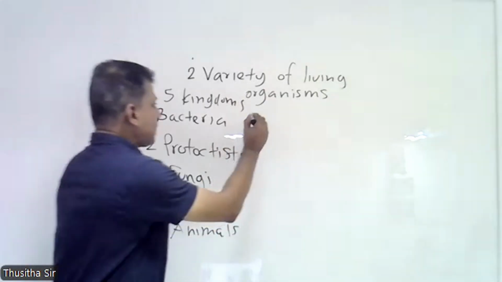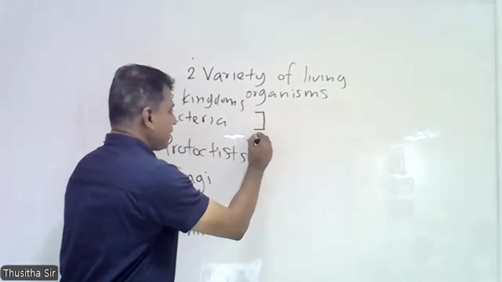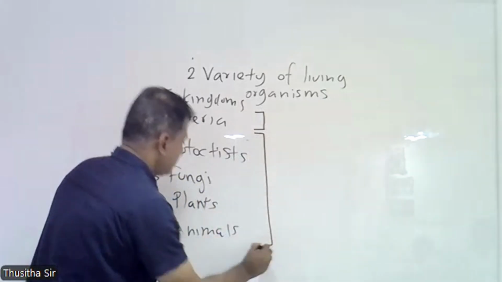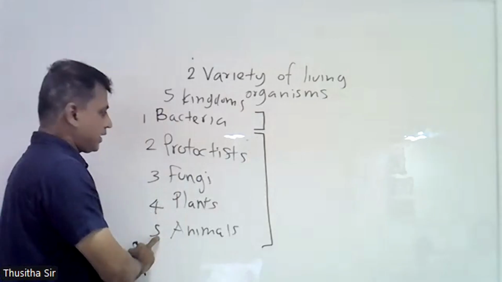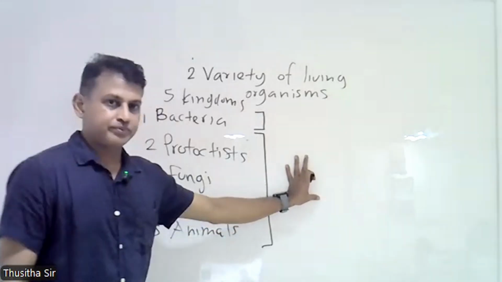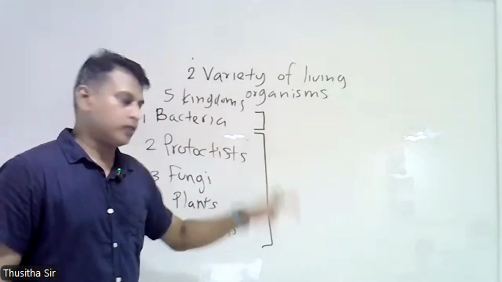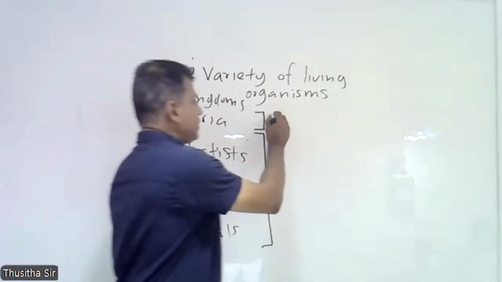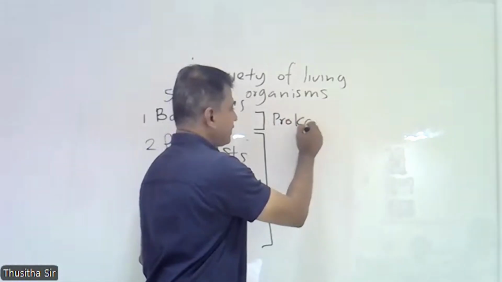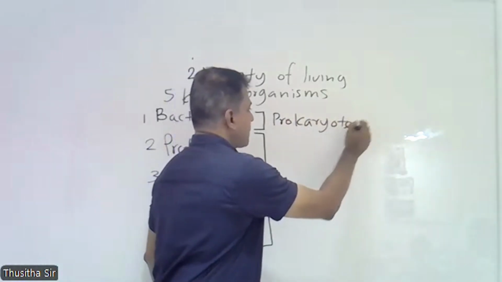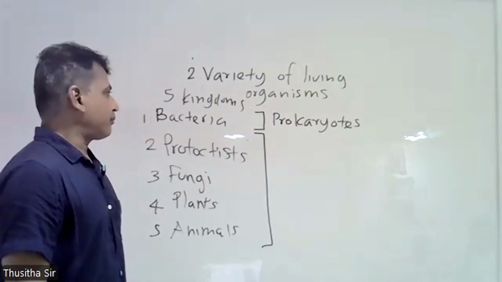The bacteria as 1, and this 2, 3, 4, 5 another group. So bacteria alone, one group. What is the name of that group? We call it prokaryote. Exactly. It's a type of kingdom for bacteria.